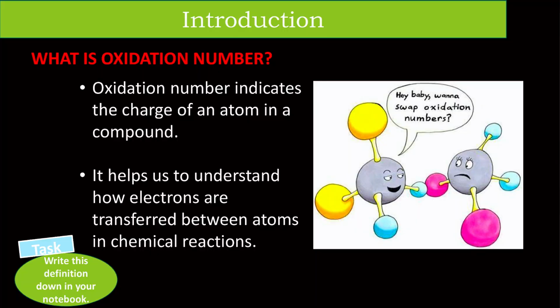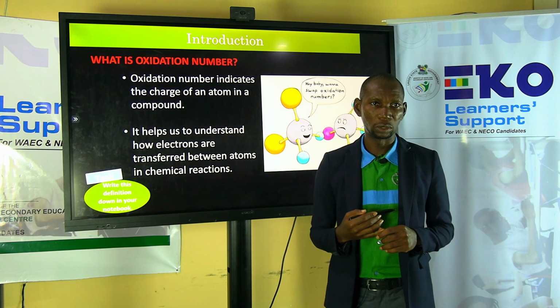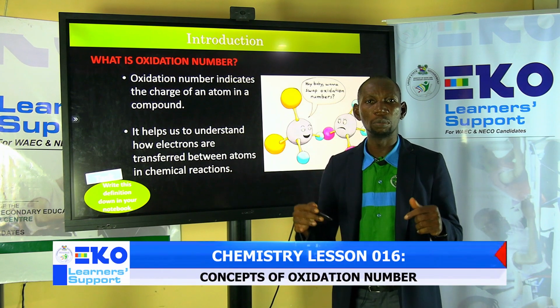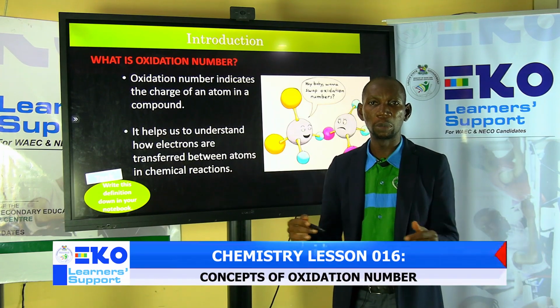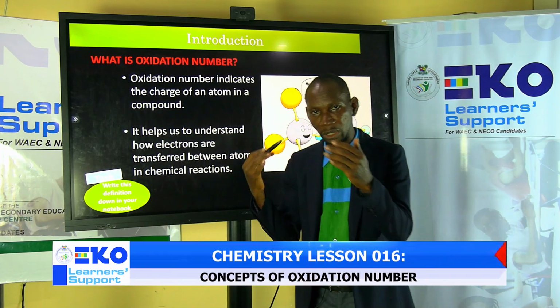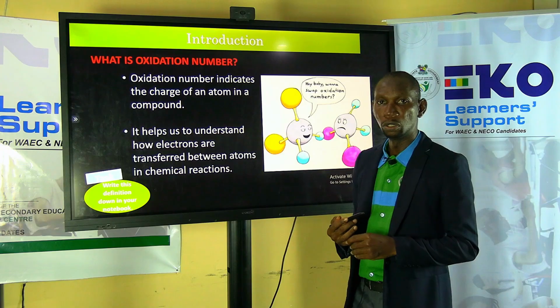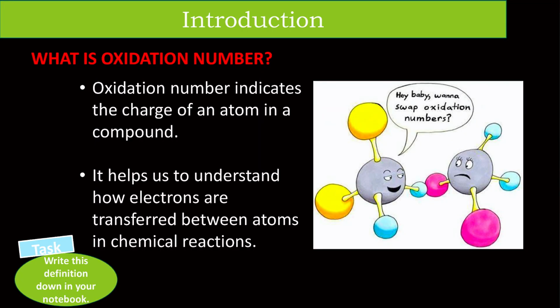And it helps us to understand how electrons are transferred between atoms in chemical reactions. Don't forget, it's all about collaboration. It's all about bonding. When atoms interact together, they use the oxidation number. So write this definition down in your note.